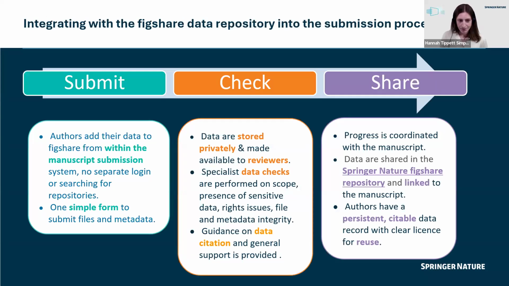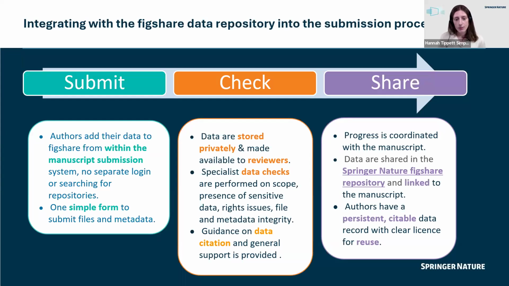It is suitable for a wide range of data types and research areas. It's free and simple to use. You basically decide what data and accompanying metadata to add to the repository at manuscript submission. We also have a dedicated team that performs specialist checks on your submitted data sets.